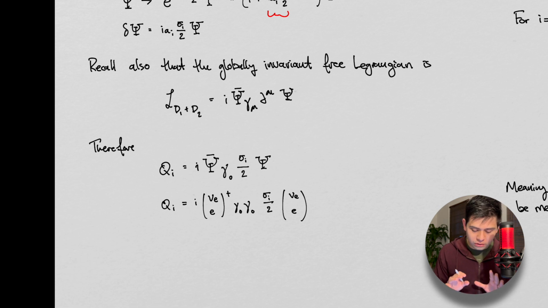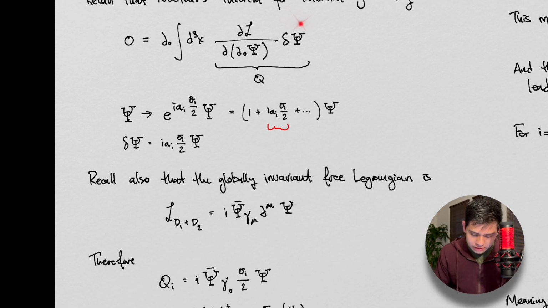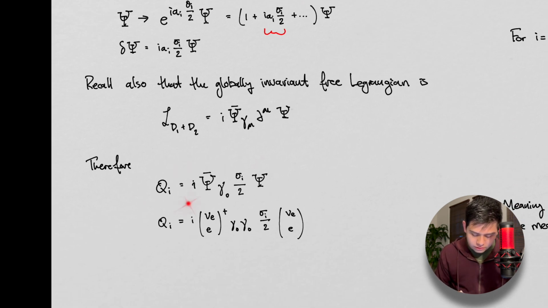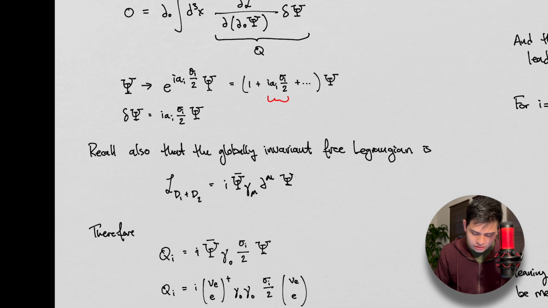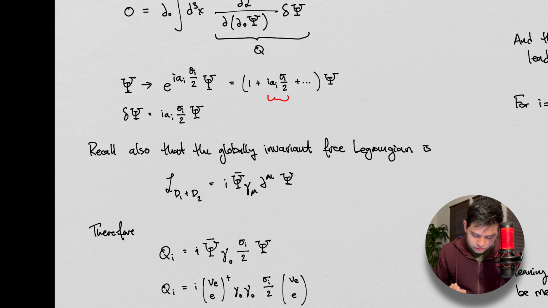Recall also that the globally invariant free Lagrangian looks like this. So, if we say that this here is our conserved quantity, then this here is the conserved quantity. Not too difficult to see how this plays out, because this came from here.